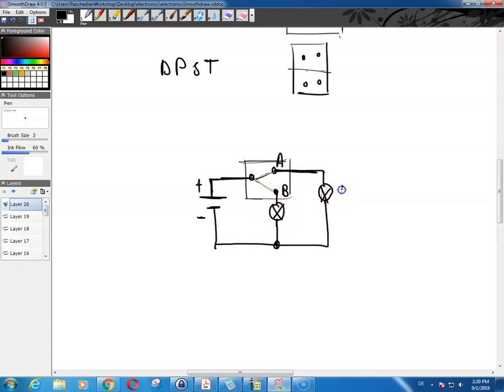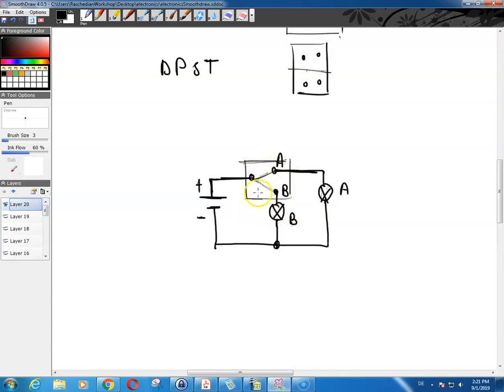So this would be A, for example, and this would be B. And of course you can see that at any point in time, your switch can either be in position A or in position B. It cannot be in both positions simultaneously. Either lamp A is turned on or lamp B is turned on. Both of them cannot be turned on together.